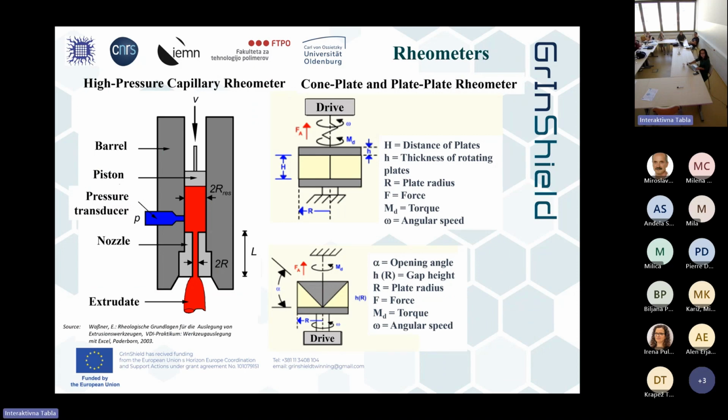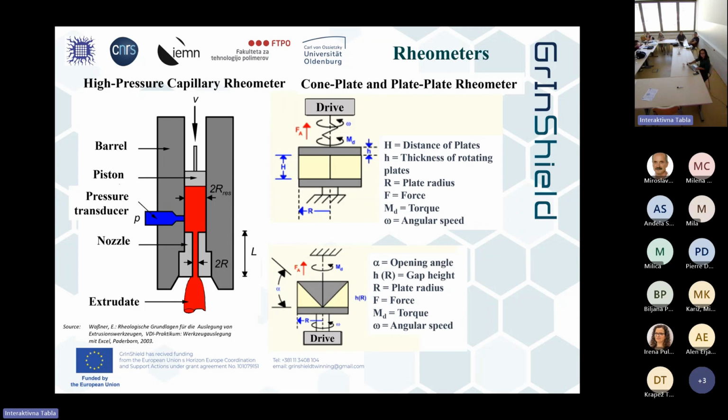And therefore, we use the capillary rheometer and cone plate rheometers. They are big ones, which we use. And it's very simple. It's like when you get a vaccination from a doctor. We have the material, we have a piston, we press the piston down, and the liquid comes out through the needle, or in our case, through the die.